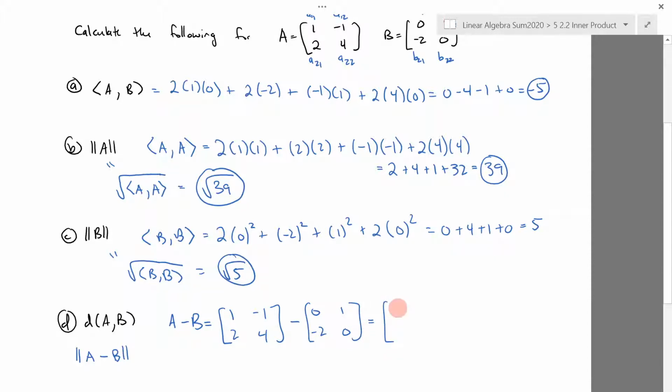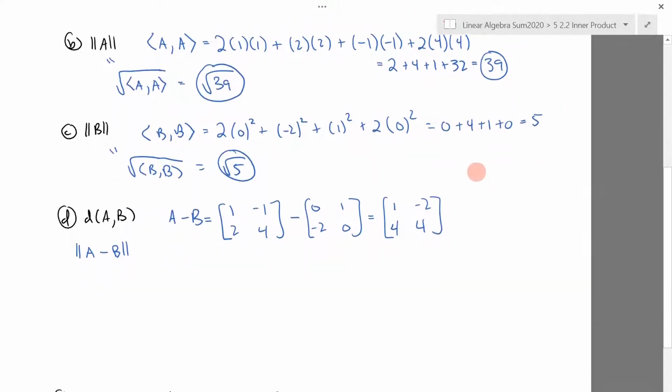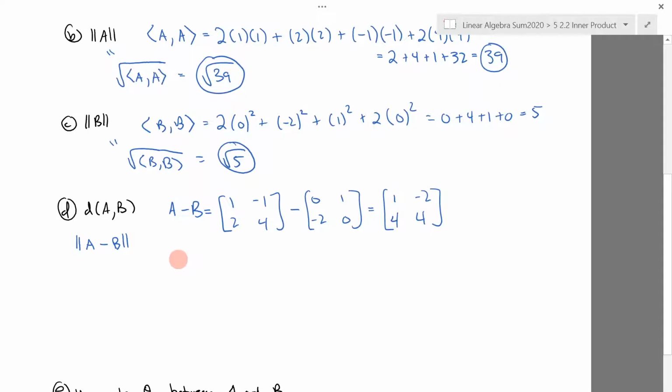And the result is 1 minus 2. 2 minus a negative 2 is 4. 4 minus 0 is 4. And then now we have to take the inner product of this with itself.